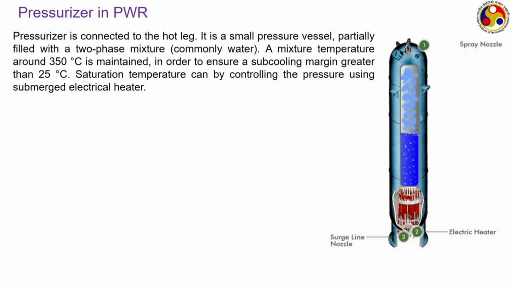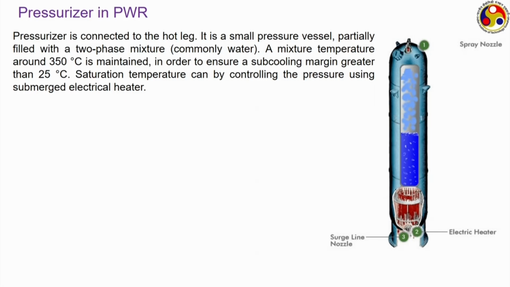We can maintain a coolant mixture temperature of 350 degrees Celsius, which automatically can balance the pressure to the targeted pressure of around 16 megapascal. Because during the saturation state, or whenever we are dealing with a saturated mixture, pressure and temperature are not independent, rather they are dependent on each other. Once one of them is fixed, the other has to be fixed.